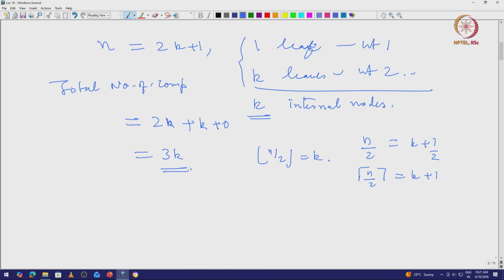So this is equal to 3 times ceil n by 2 minus 1, that is equal to 3 times ceil n by 2 minus 3.